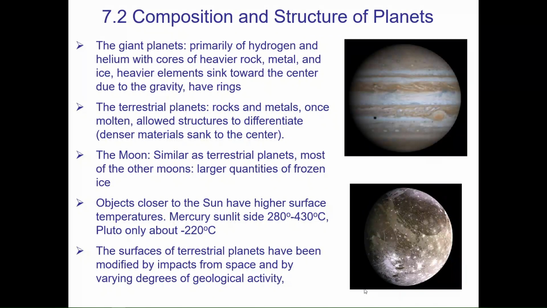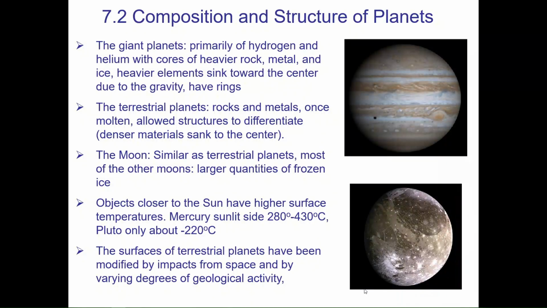The giant planets are primarily hydrogen and helium, which is similar to the sun and most other stars. And we believe that they all have a core of heavier rocks, metal, and ice.